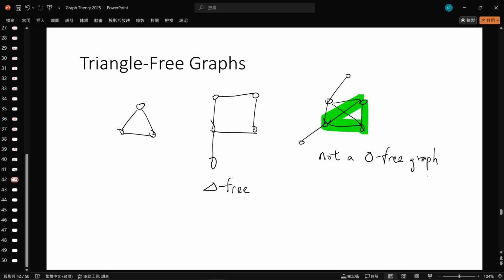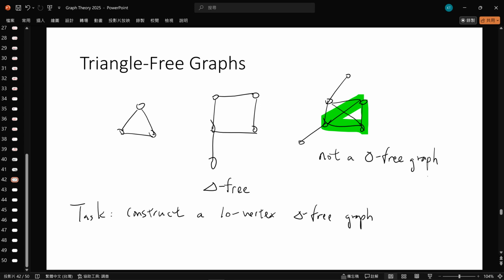So today, our first goal is to construct a triangle-free graph that has the most number of edges. We're going to fix the number of vertices, say 10. So you need to have exactly 10 vertices, and in your graph, you cannot create a triangle.